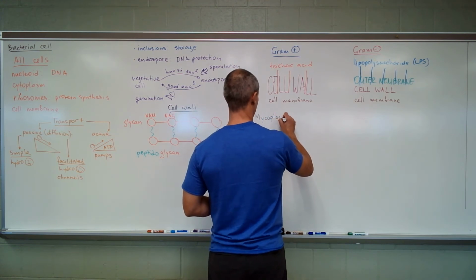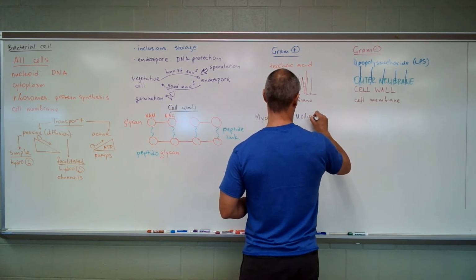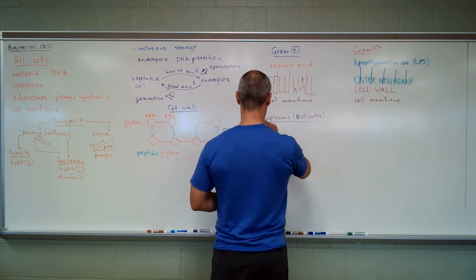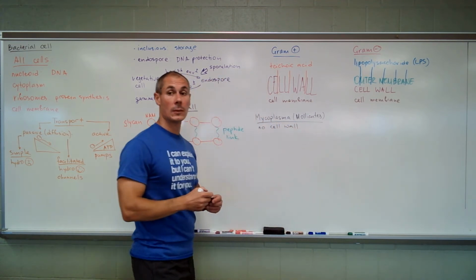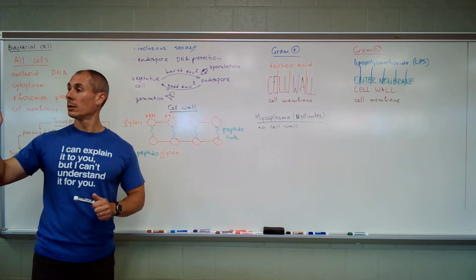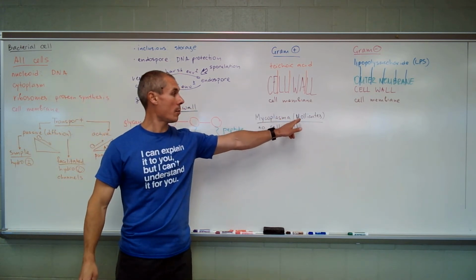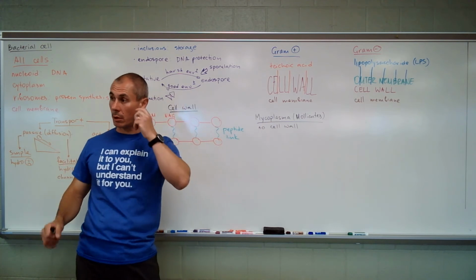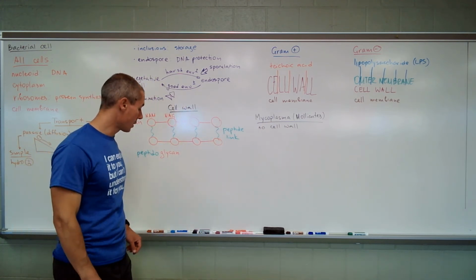Mycoplasma, so known as Mollicutes, contains no cell wall. I do want you to know that. Question? I can't see what you wrote after Mollicutes. It's a general term for microorganisms that do not have a cell wall.